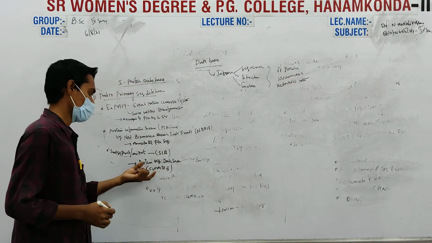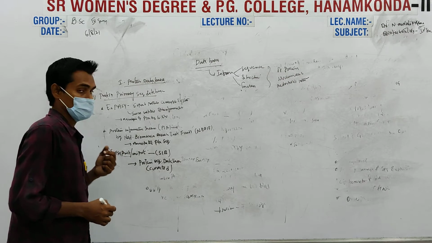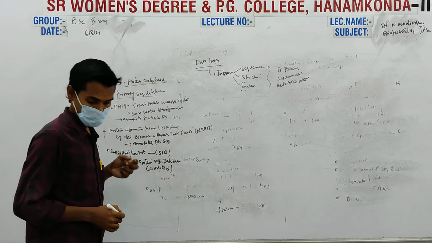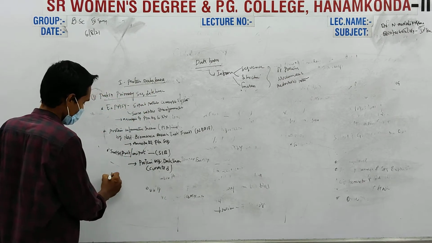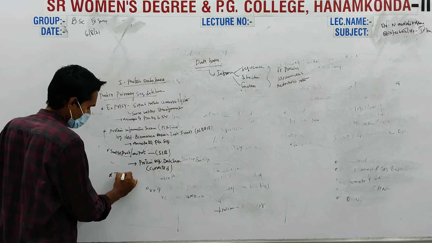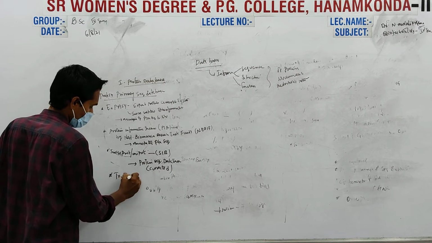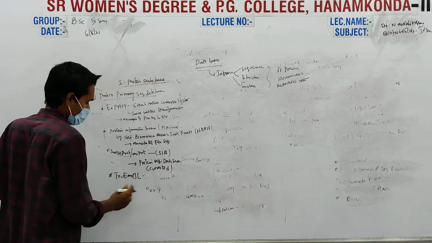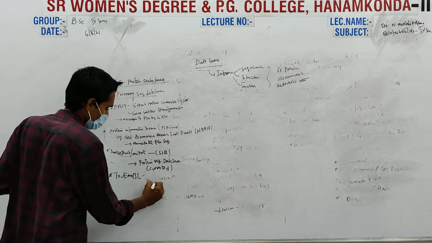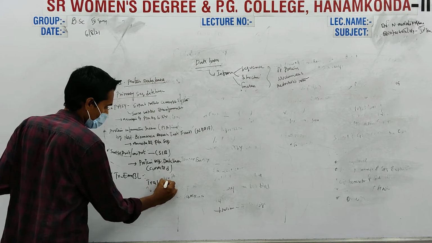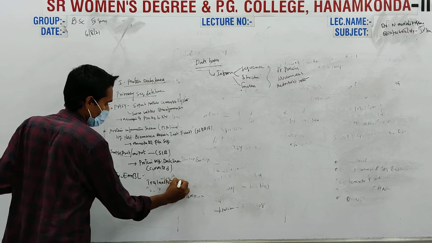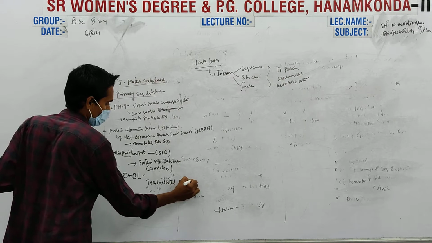So the modified protein sequences are present in Swiss-Prot or UniProt. And next one is TrEMBL, which contains the information of translated protein sequences.